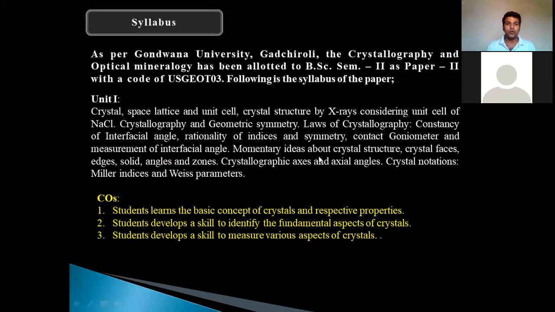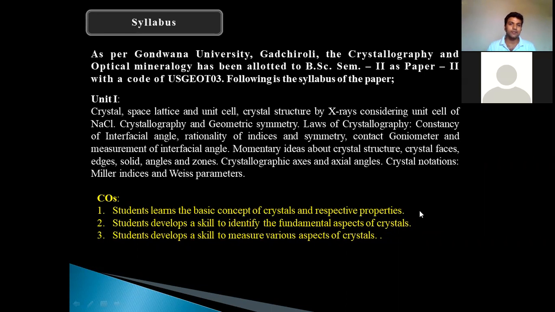As per Gondwana University Gadchiroli, crystallography and optical mineralogy has been allotted to B.Sc Sem 2 as paper 2 with a code of USGEOT03. Following is the syllabus of the paper. In Unit 1, we are going to discuss crystal, space lattice, and unit cell.